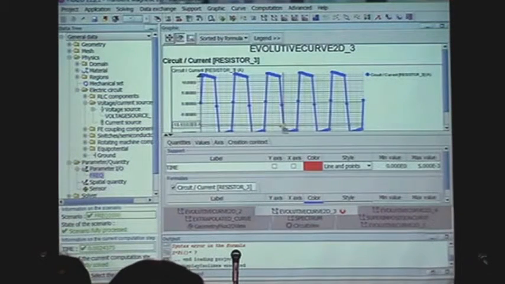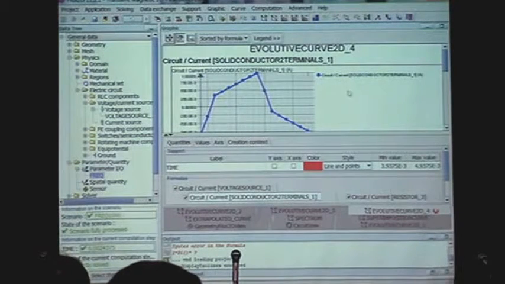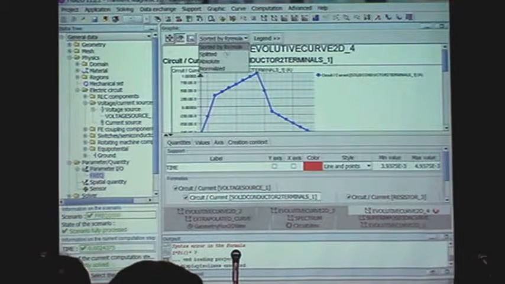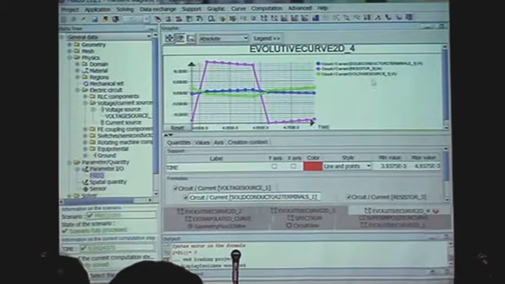So it would be directly associated to the voltage, of course, because it's only current. And the fourth one here is, let's see, what do we have here? If I put them on top of each other, we have the current through the voltage source.